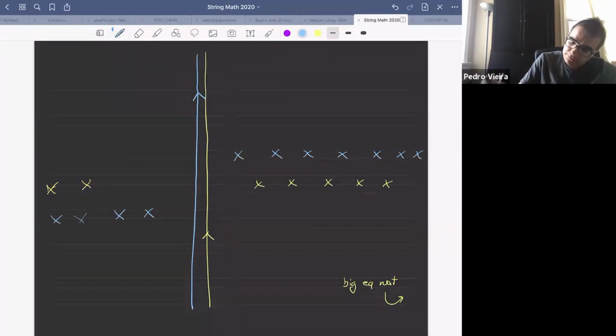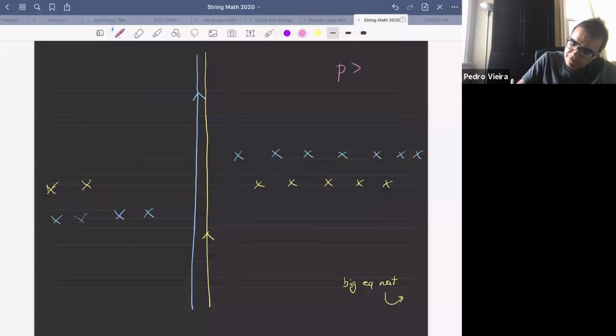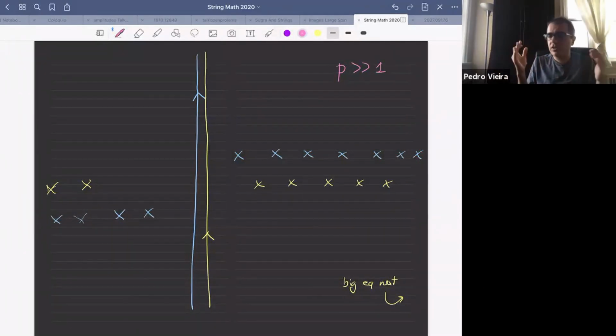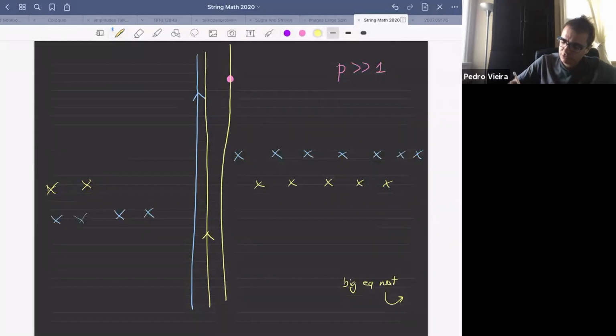Now, what happens when we take P to be very large is that the object is not dominated by these poles, but rather it will be dominated by saddle points, complex saddle points that will be somewhere else. And so what will happen is that you will deform your contour to pass by these saddle points.